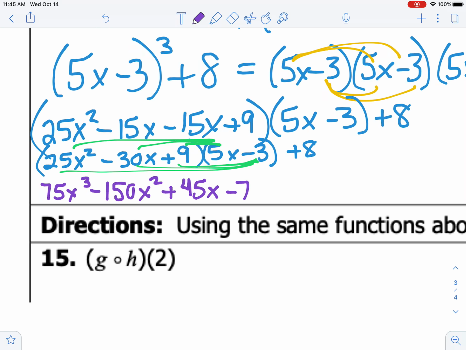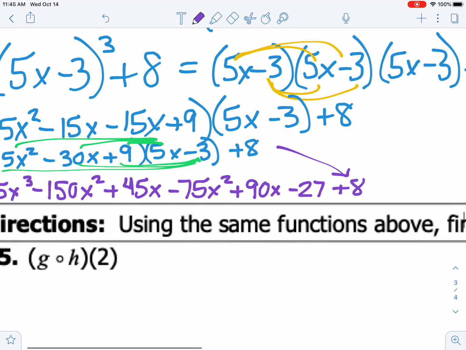And then I'm distributing the 3. The 3 times negative 30 is 90. And negative 3 times positive 9 is negative 27. So much. And then we still have that 8 come down, okay?